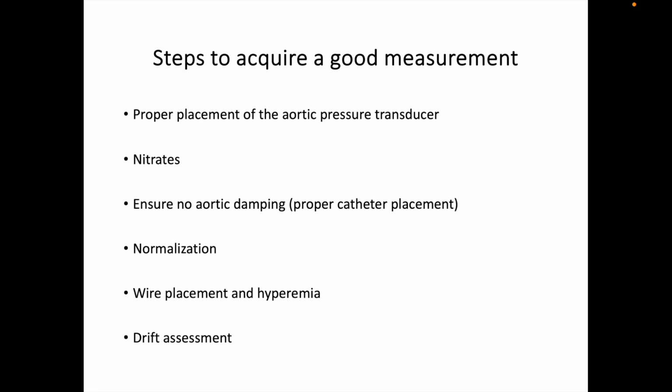So what are the steps to acquire a good measurement? There should be proper placement of the aortic pressure transducer. The height has to be at the heart level. You must give nitrates. Ensure that there is no aortic damping. There should be proper guide catheter placement. Then you need to do proper normalization with PDPA to be 1, and the waveforms have to be superimposed upon each other.